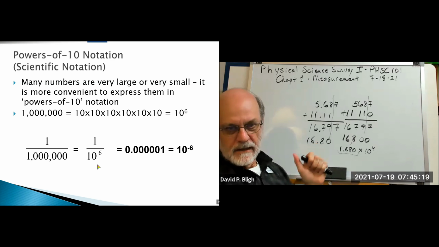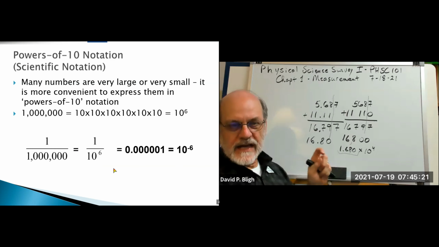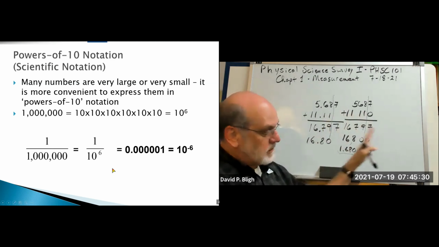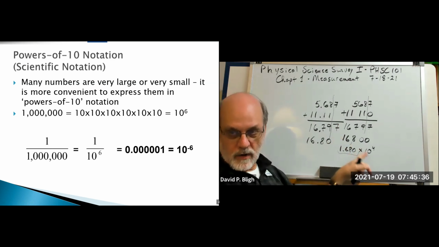All right, so that is the definition of scientific notation. You take a very large number or a very small number and store the information in that number in the coefficient combined with the power of 10.